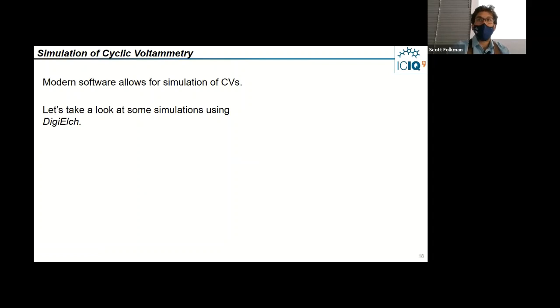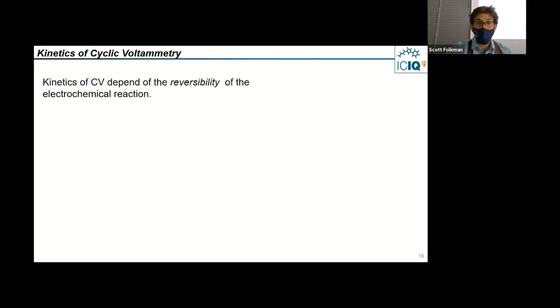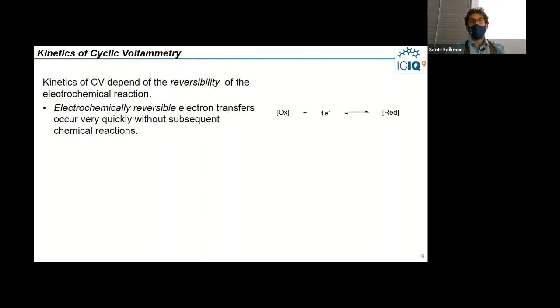What are the situations in which we can deviate from this ideal electron transfer? Essentially, it comes down to a few factors, the primary of which being the reversibility of the electrochemical reaction. So if I say an electrochemical reaction is electrochemically reversible, what I mean is that this electron transfer occurs either infinitely fast or very quickly without subsequent chemical reactions.